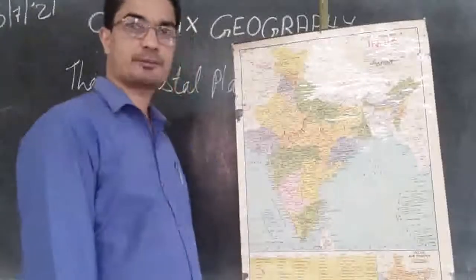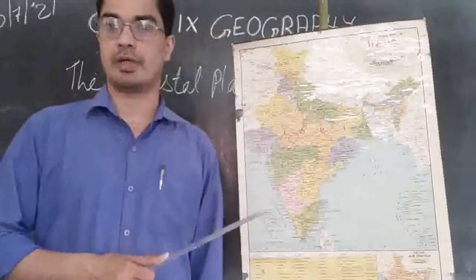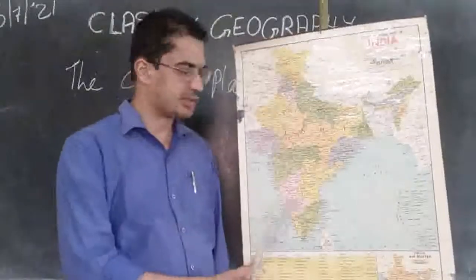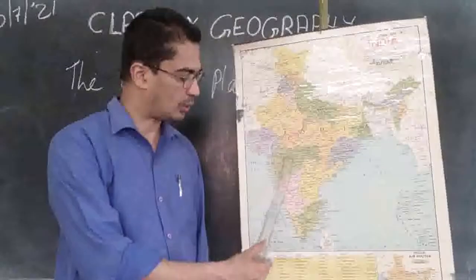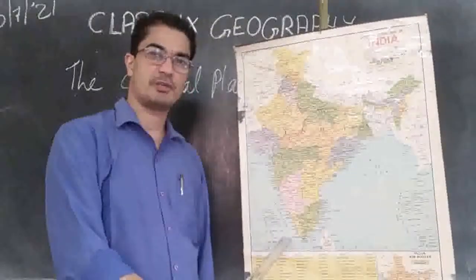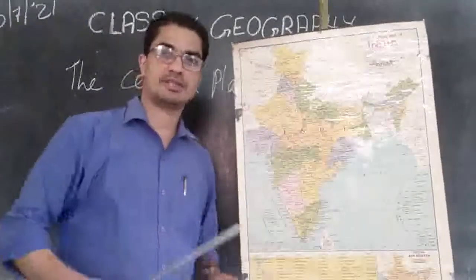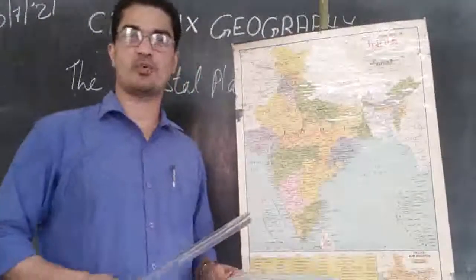So we can compare the coastal plain in a similar way. On one side there are the Western Ghats, long mountains, and on the other side there is the long Arabian Sea, and in the middle there is the coastal plain. So it is like a jam, like a sandwich.